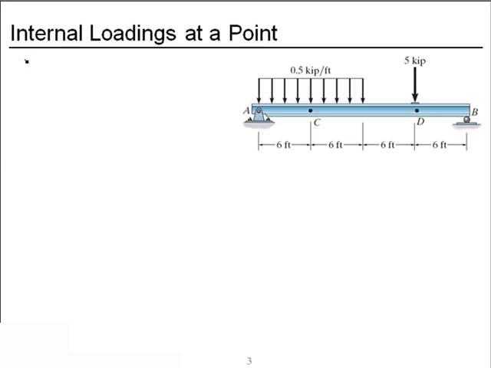Step 1, we're going to bound the solution. This is going to give us limits on the magnitudes of the shear and moment at the various points in the beam.